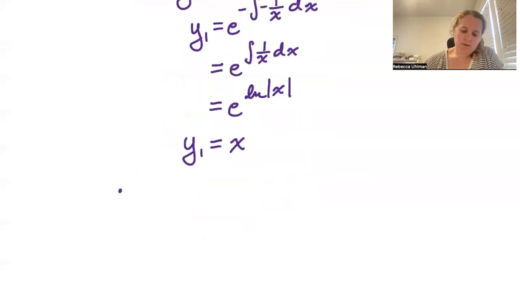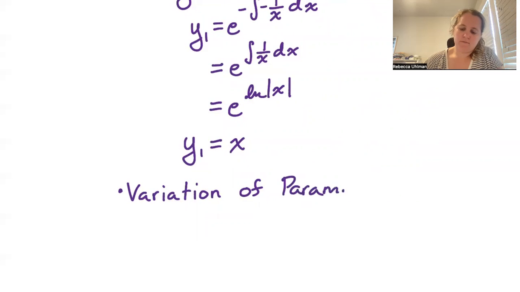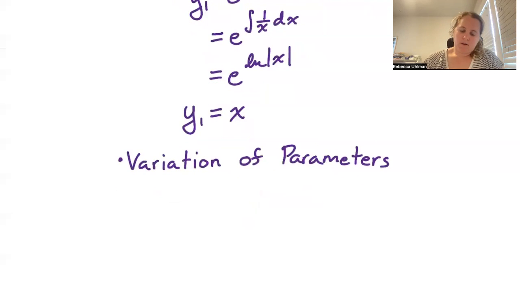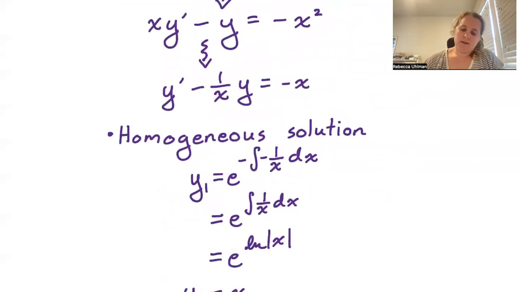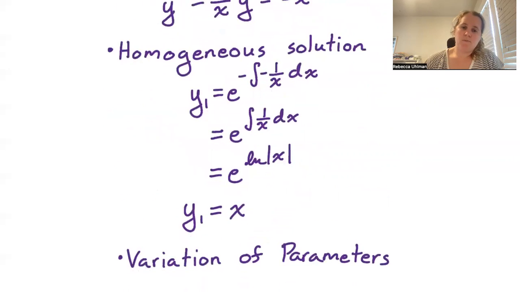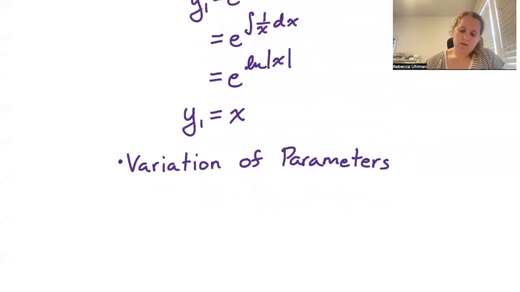Next up, we're going to run variation of parameters. So we have our right side of the equation was negative x, and that's our g of x. So we had u prime was equal to g of x over y1.